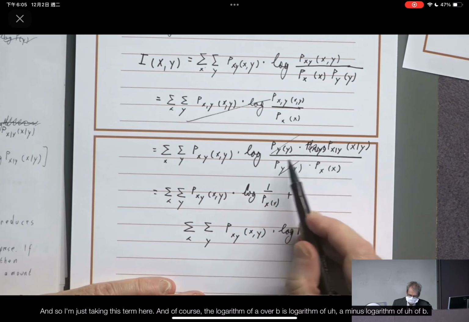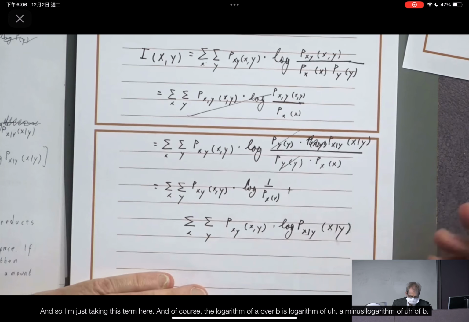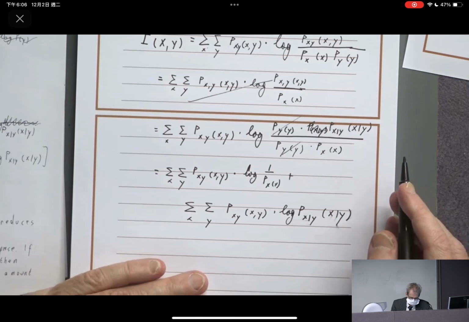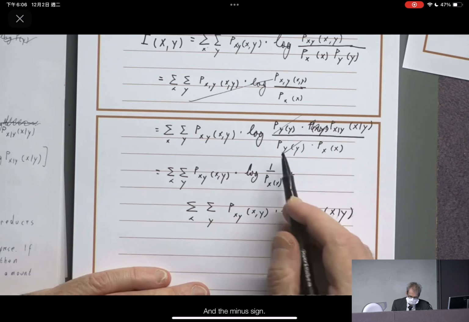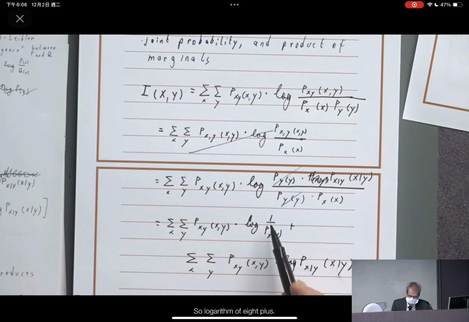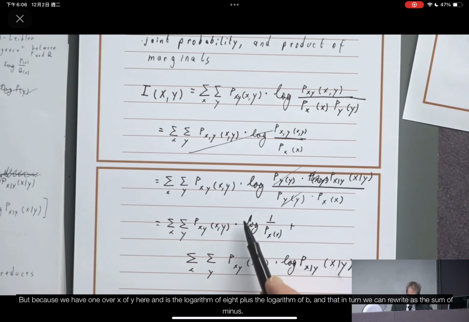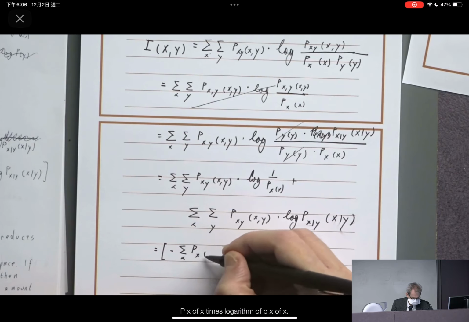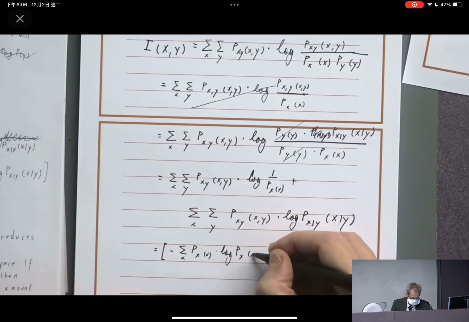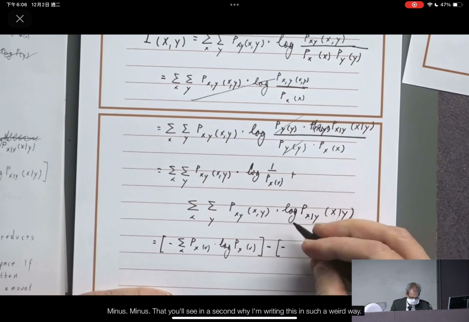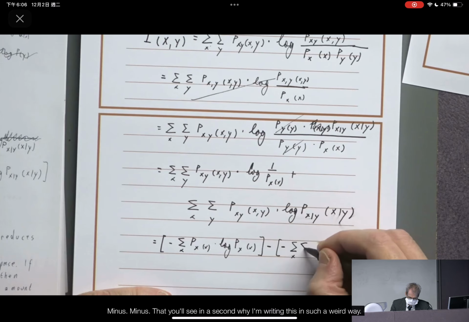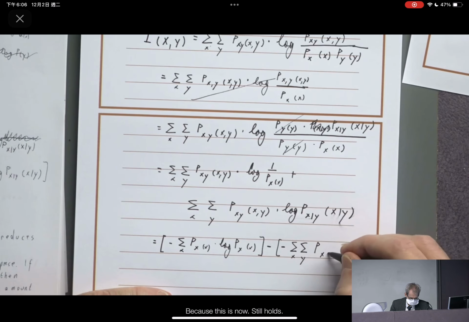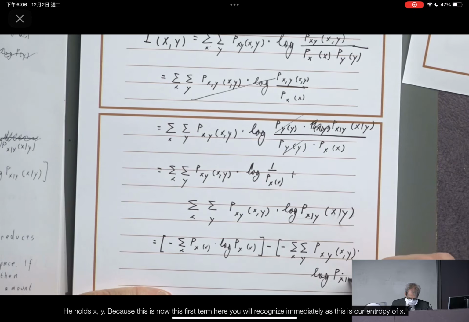So I'm just taking this term here, and of course the logarithm of a over b is the logarithm of a minus the logarithm of b, and that in turn we can rewrite as the sum of minus Px of x times the logarithm of Px of x, minus minus. And you'll see in a second why I'm writing this in such a weird way, because this is now the logarithm of P of xy.